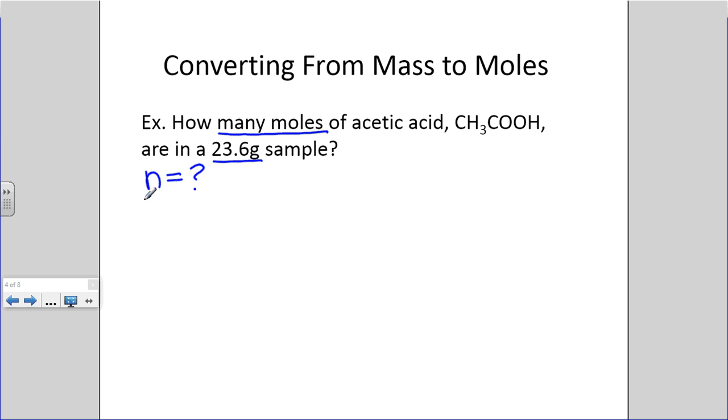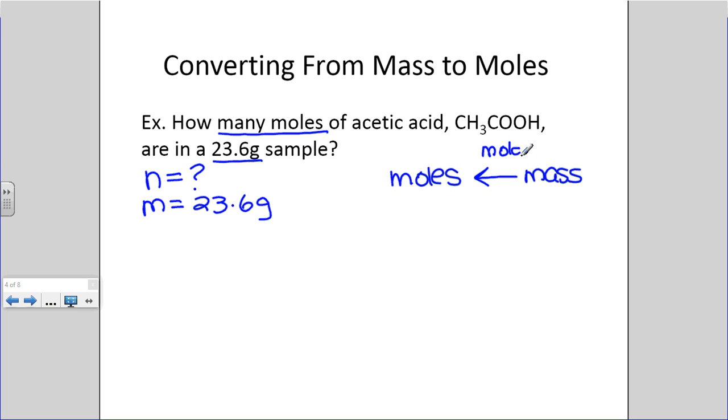We're given a mass, 23.6. So again, this is similar to the last problem. This time, we're trying to find moles, but instead, we're flipping that arrow around. We're starting with mass. It doesn't change your problem solving process because you still need molar mass.